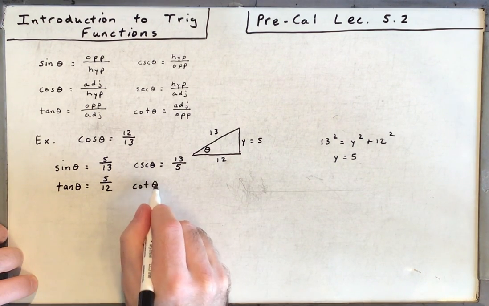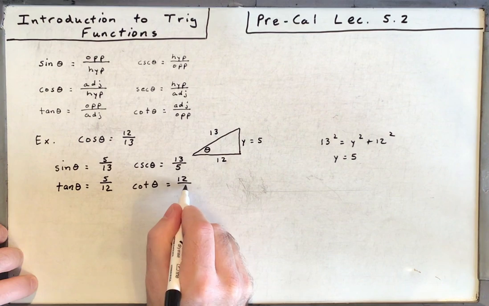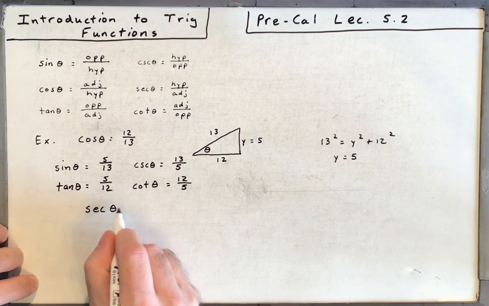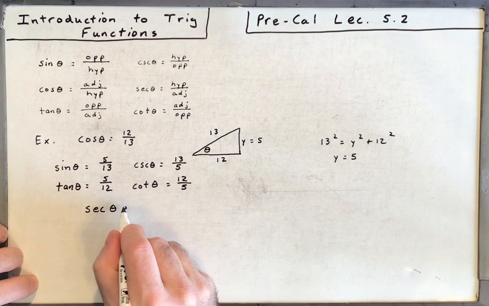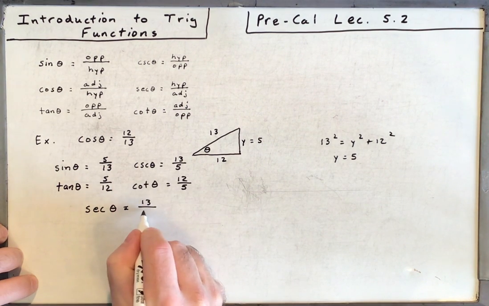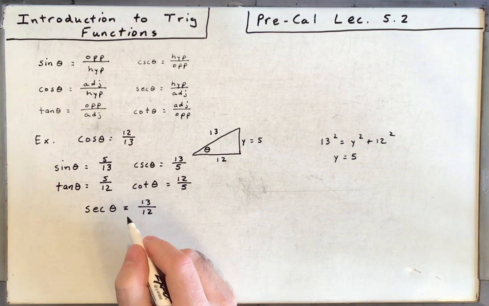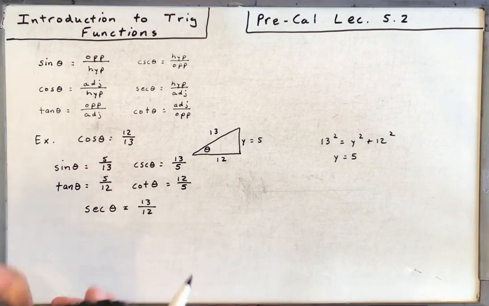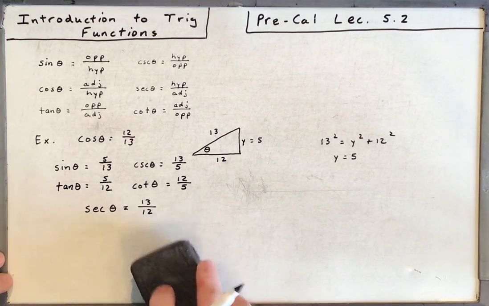Cotangent, 12 over 5. And then the reciprocal of cosine, we've already been given that cosine is 12 over 13, so that's going to be 13 over 12. All right, not bad at all. Let's move on to the next example.